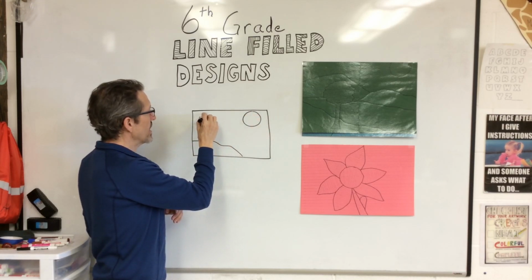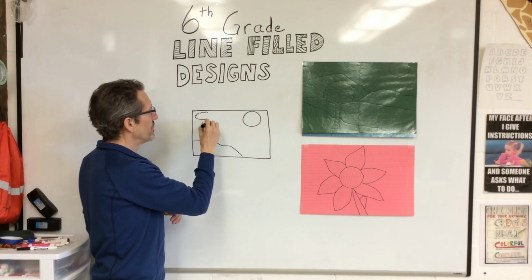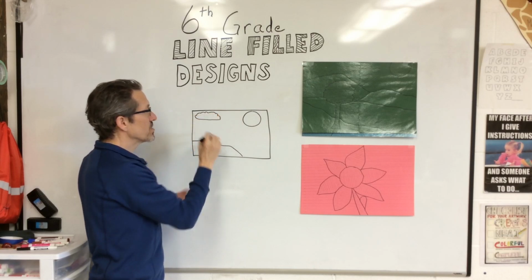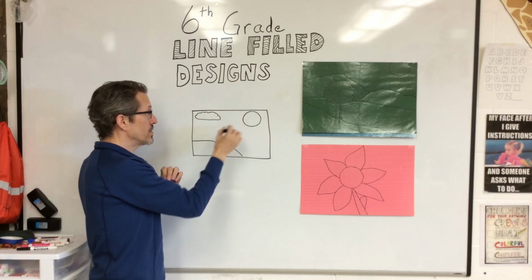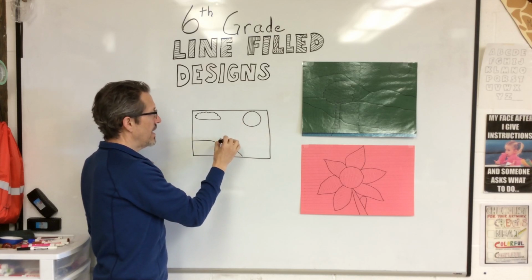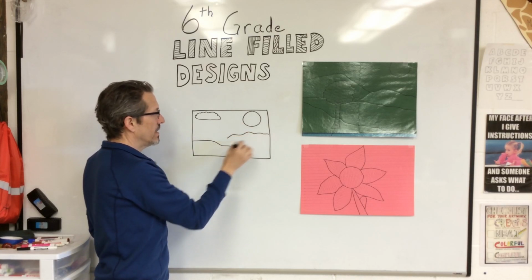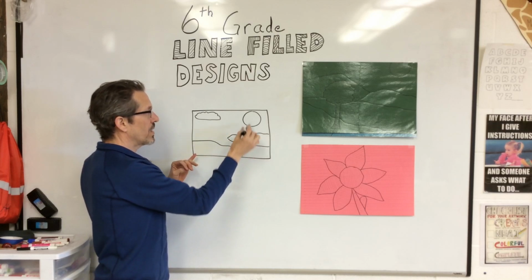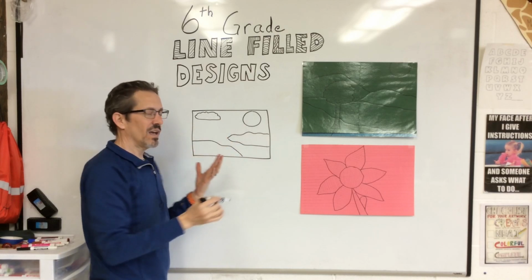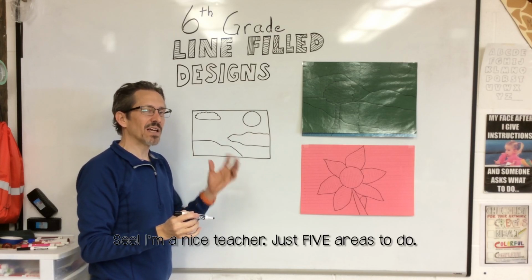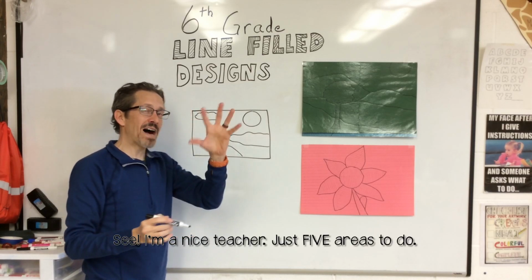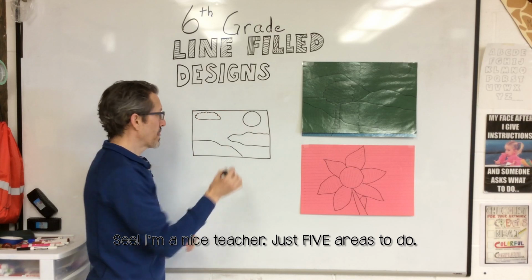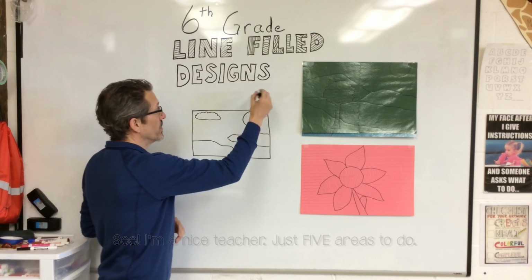In this case, I'm going to have a cloud. So I'm now up to 4 areas. We'll have a hill going over this way. 1, 2, 3, 4, 5. You know what? I'm going to let you guys get away with 5 areas. Okay, so 5 areas is what you need to do.